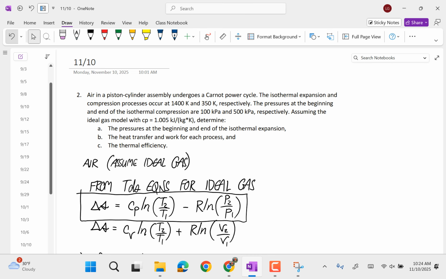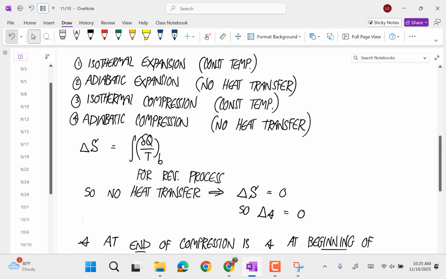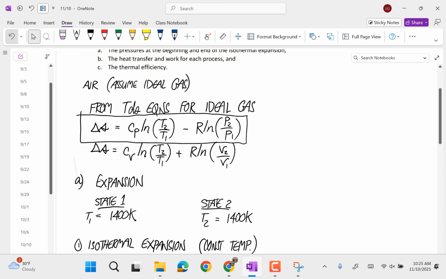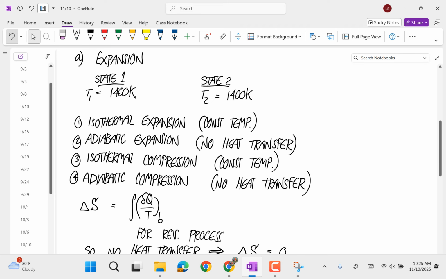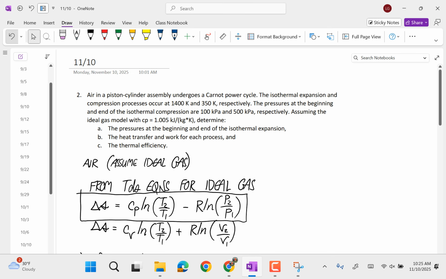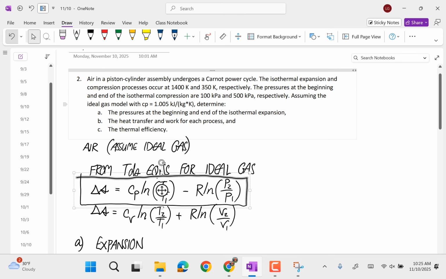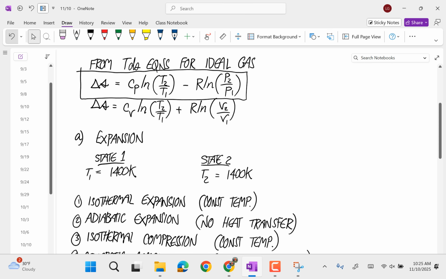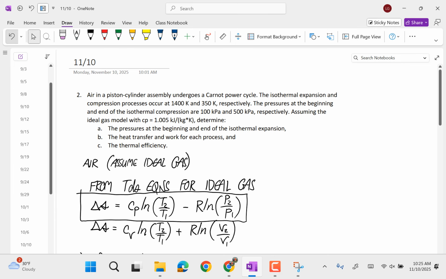And we do P2 equals 100 kilopascals. No, because we cannot do that, because those pressures change during the adiabatic process.